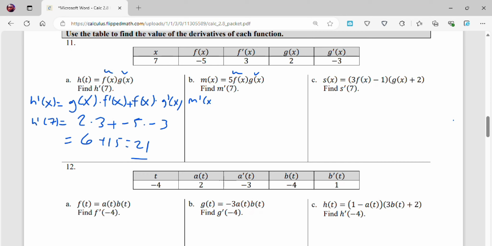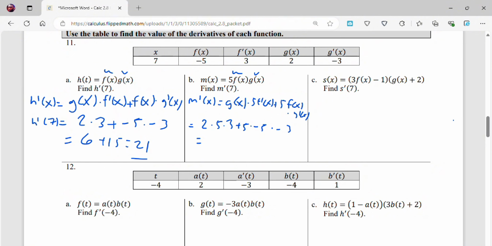So m prime of x is v u prime, so times 5 f prime of x, plus 5 f of x times g prime of x, equals g of 7, which is 2, times 5 times f prime of 7, so times 3, plus 5 times f of 7, which is negative 5, times g prime of 7, negative 3.